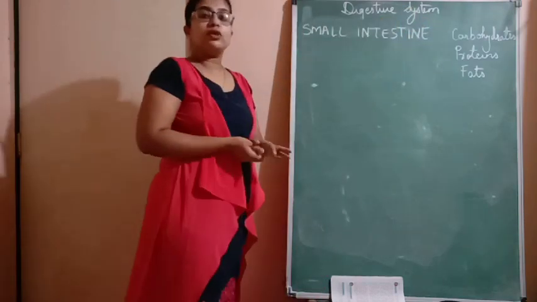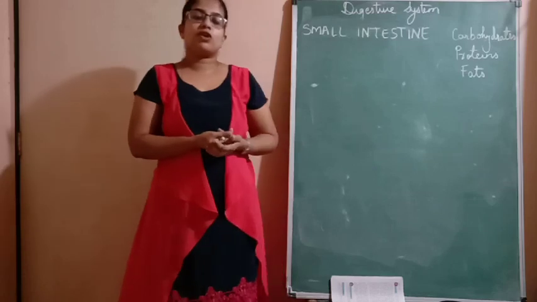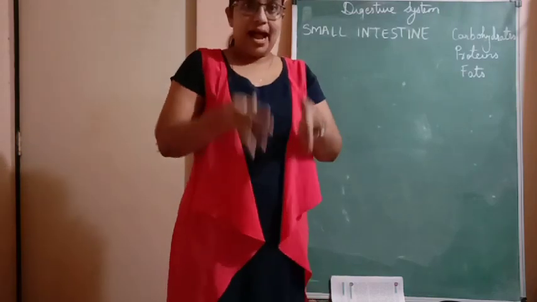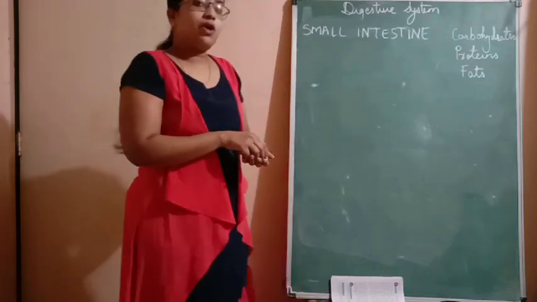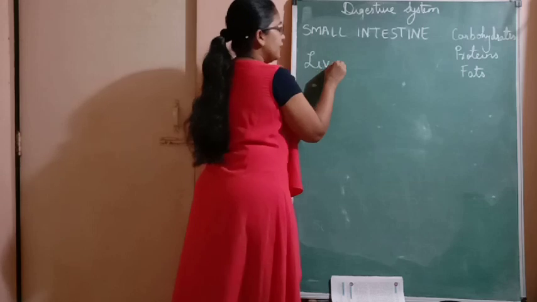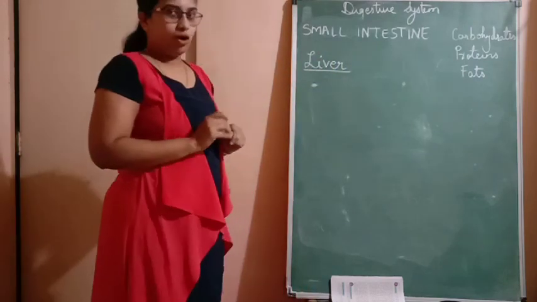Now, before the function of the small intestine begins, let us understand the role of the liver and the pancreas at this junction. What is the liver? The liver is the largest gland present in our body.